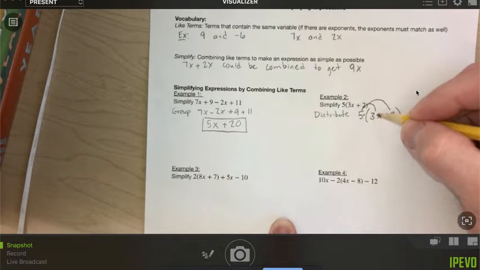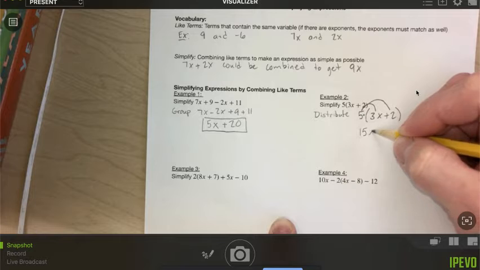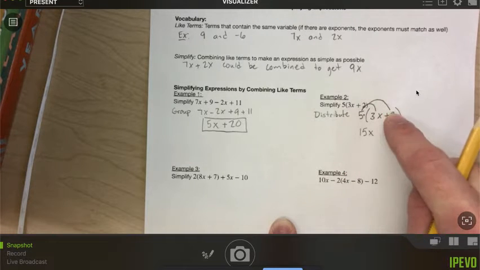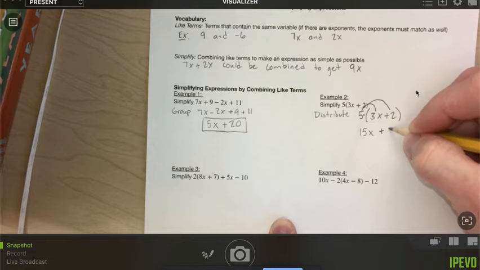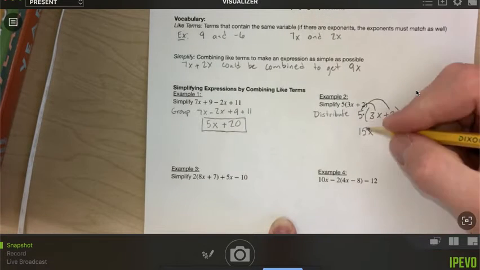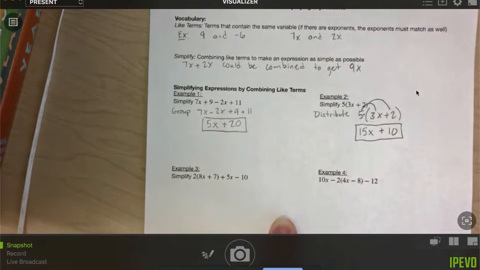And so 5 times 3x is going to be, we really have 15x's total. And then we have 5 2's, and so that's really 10 total. Once again, I have an x and a non-x, and I'm done. That's as simple as it's going to get.